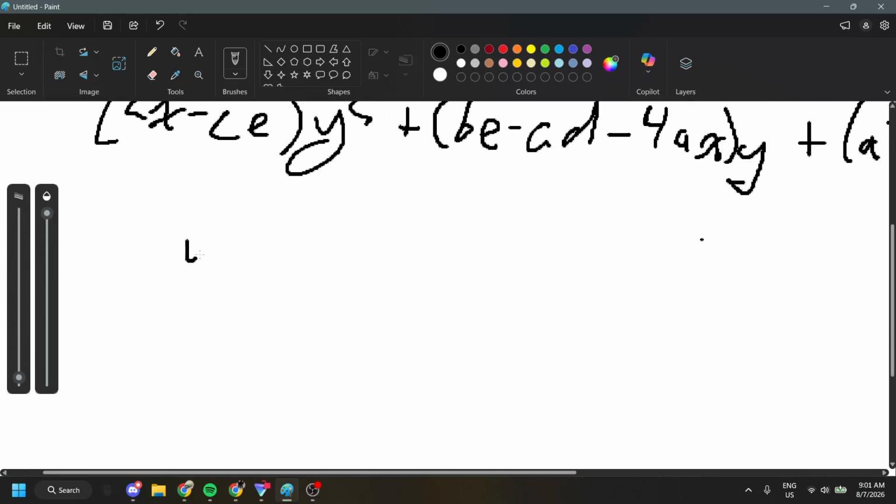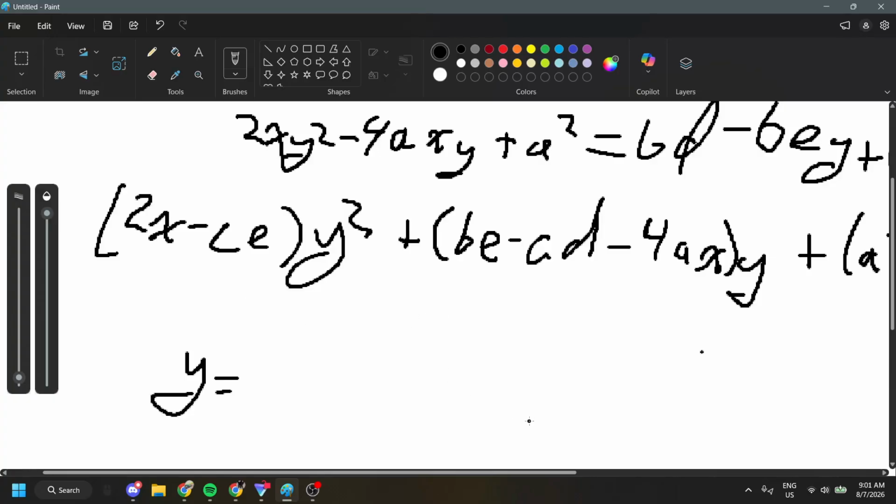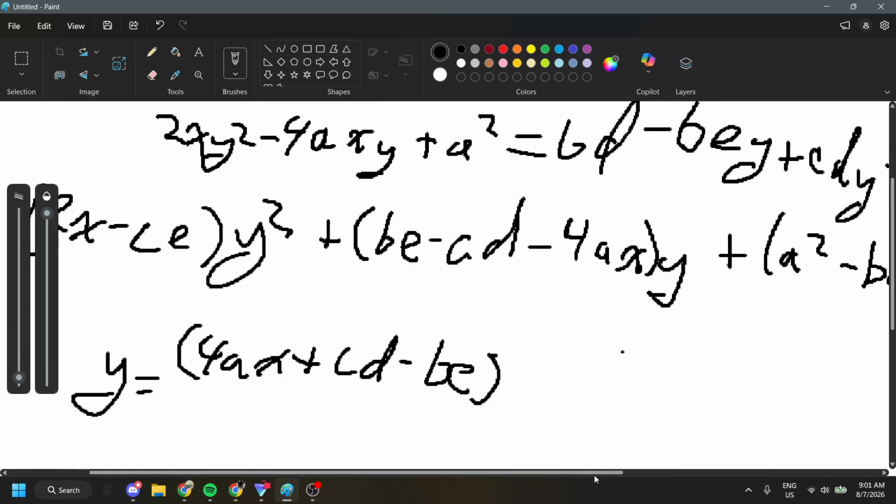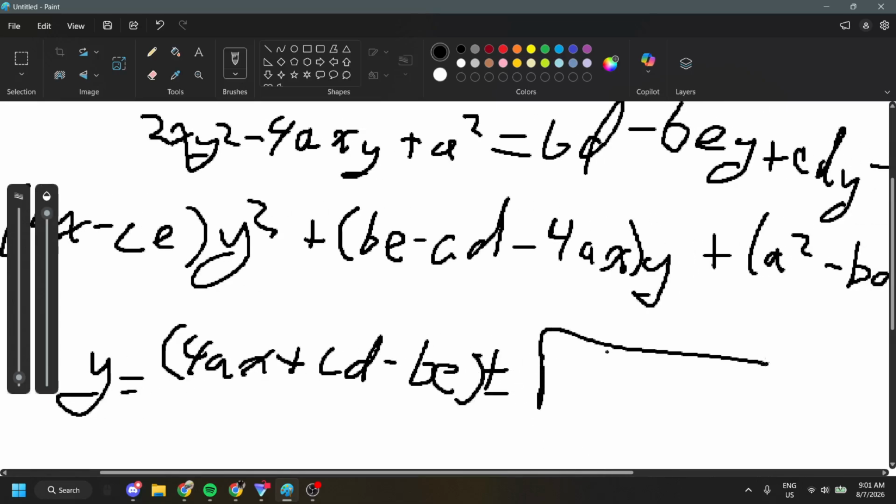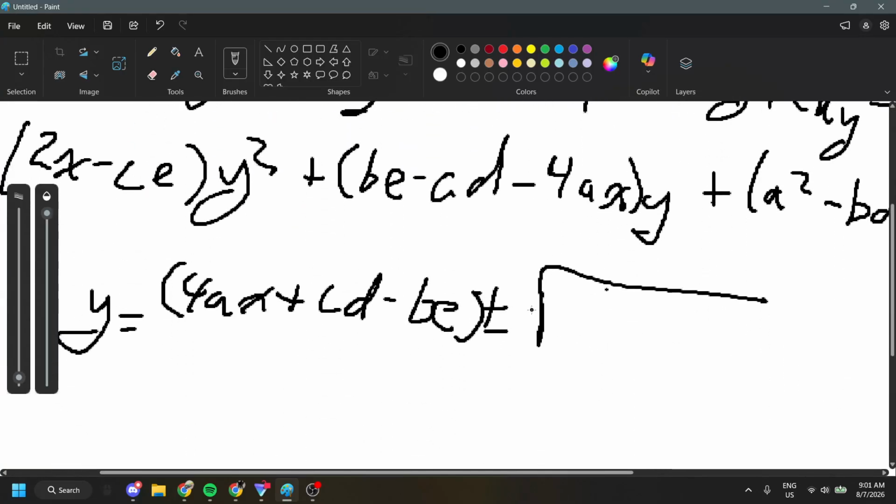We have y is equal to negative b. So we have 4ax plus cd minus be, plus or minus the square root of b squared.